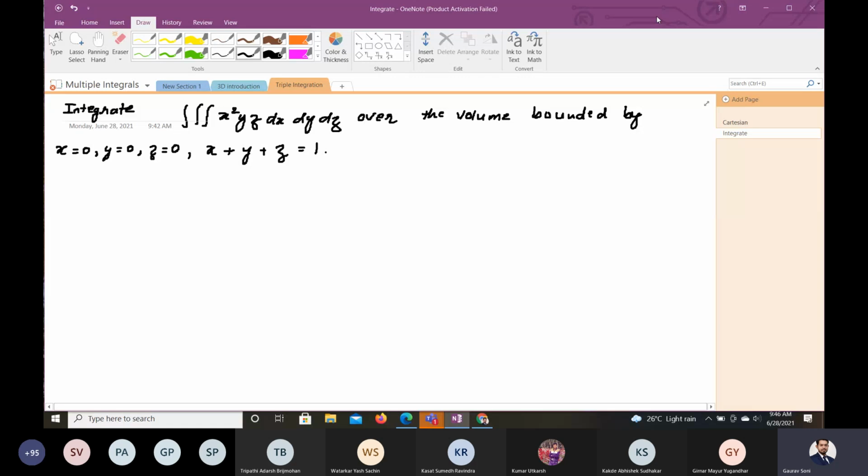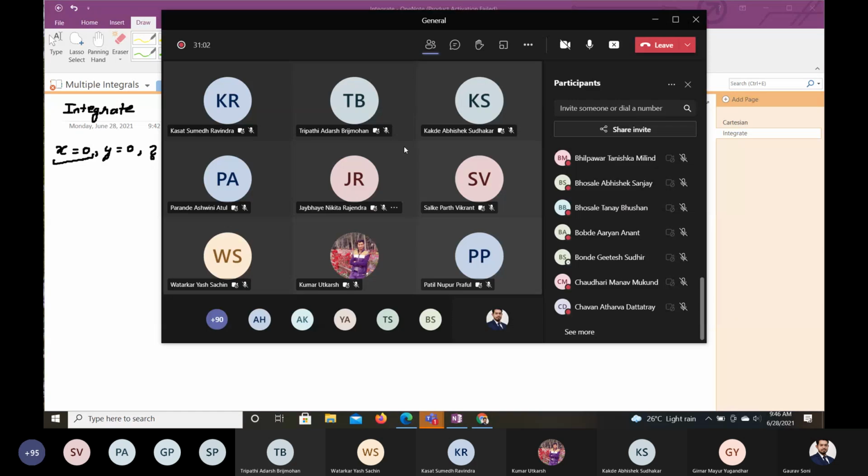Now we have to integrate this over the volume bounded by x equal to 0. What is this? x equal to 0 is the YZ plane. y equal to 0 is the XZ plane and z equal to 0 is the XY plane.